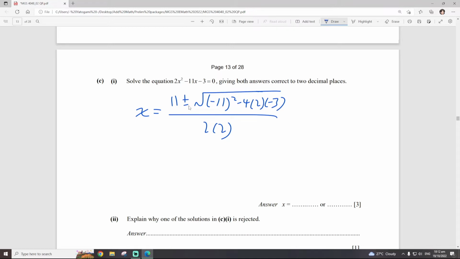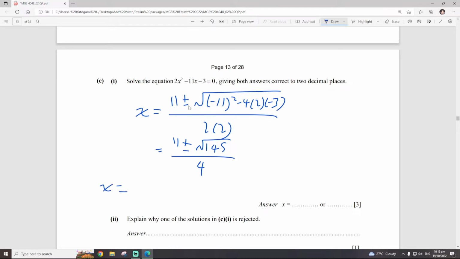So simplify this. 11 plus or minus the square root of 145. So then divide this by 4.